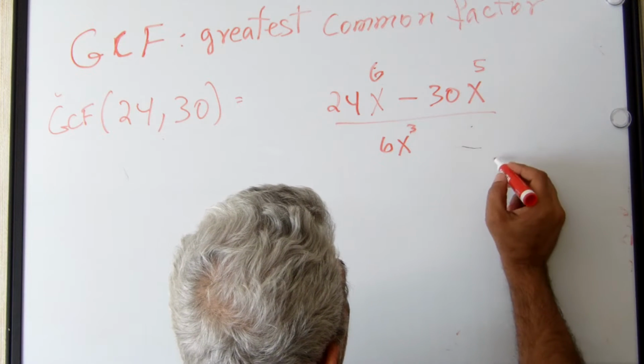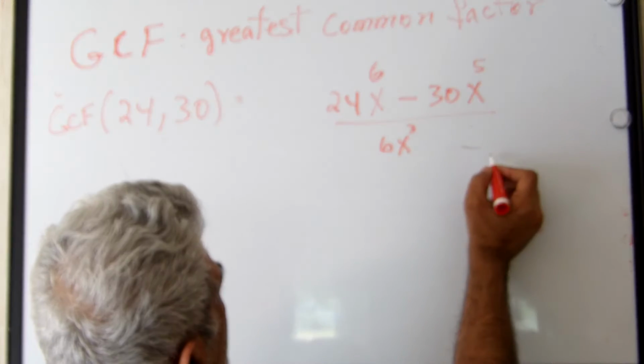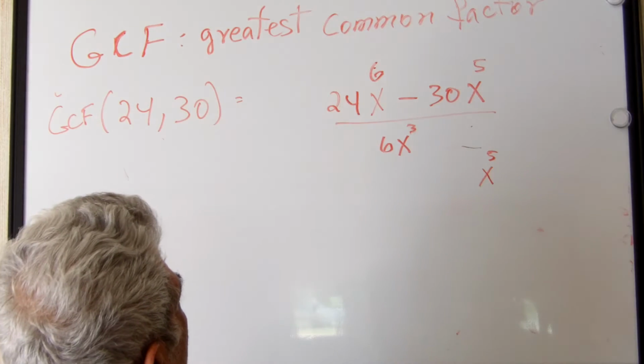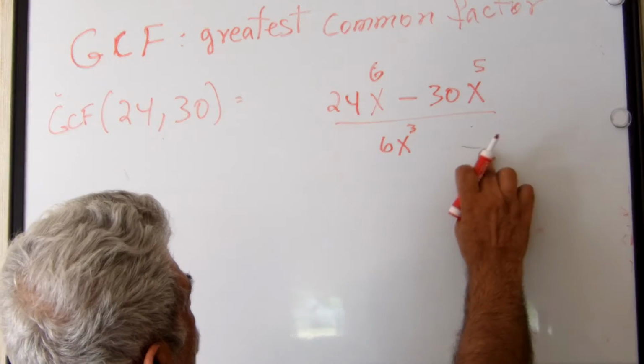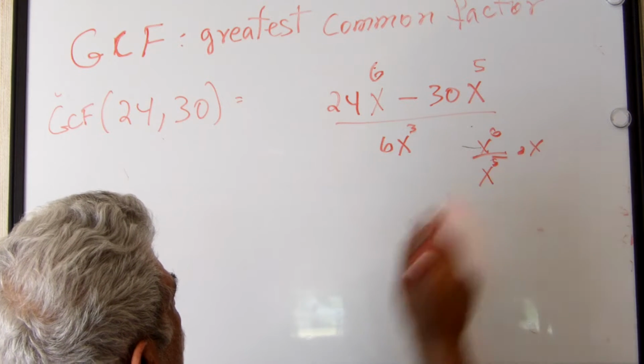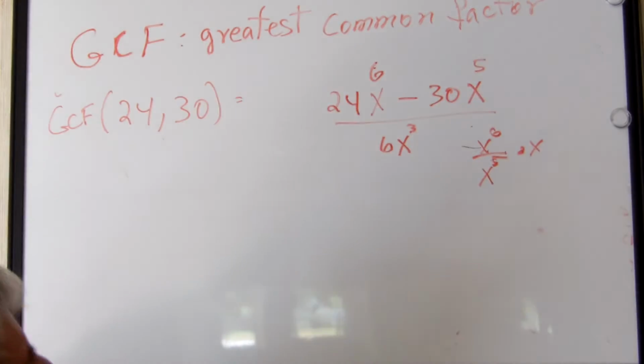The x to the power of 5 is in x to the power of 6, so you can factor out x to the power of 5.